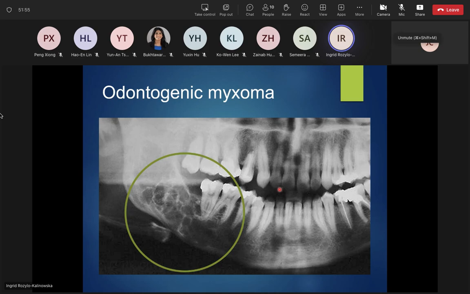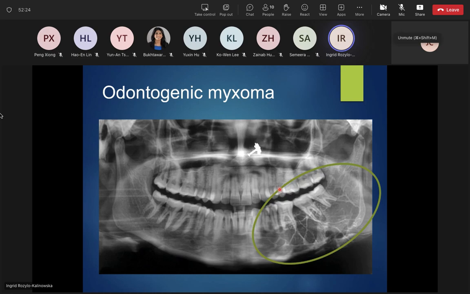tooth displacement or tooth resorption may occur. So in general, we say that myxoma has this honeycomb appearance because of many tiny compartments, many tiny loculations, and the septa in a myxoma will be more straight and a little bit more coarse, thicker than in case of ameloblastoma.